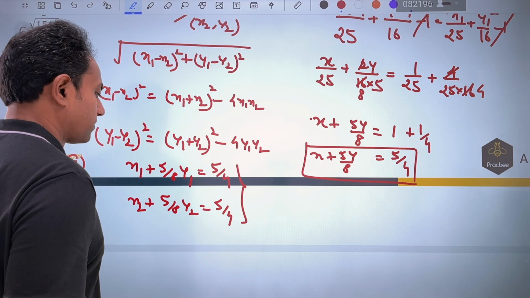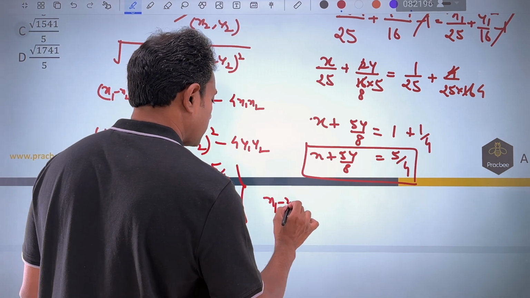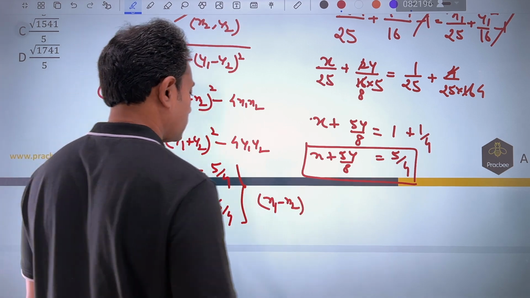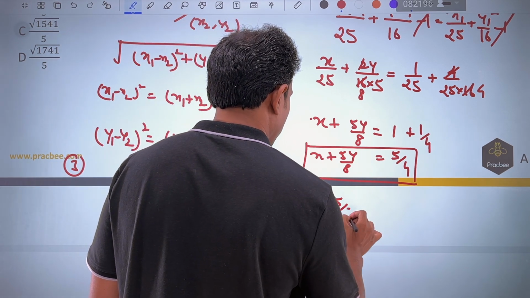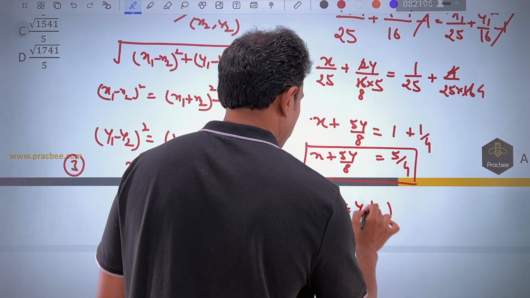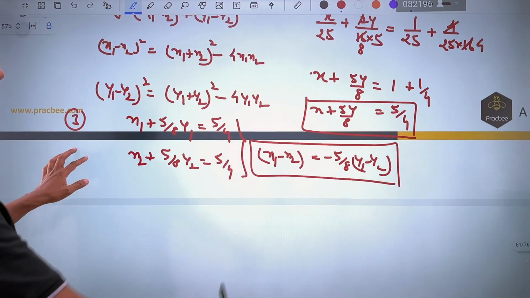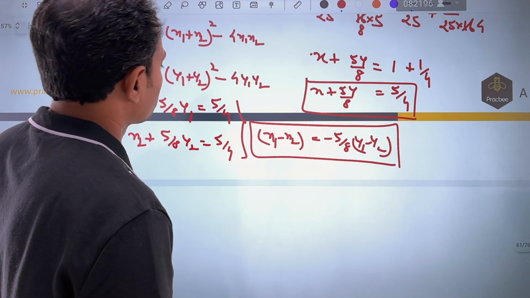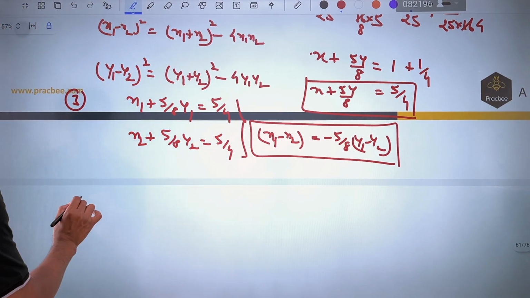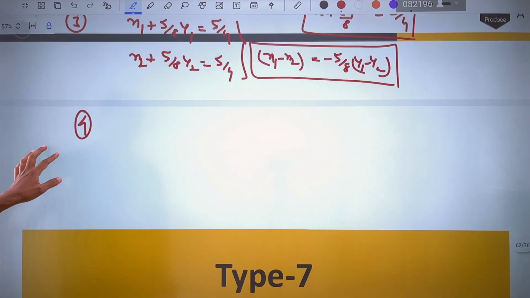If you subtract them, you get a relationship between x1 and x2. So x1 minus x2 is equal to minus 5 by 8 into y1 minus y2. So if you find one, the other can be easily figured out. It is easy to find y1 minus y2, so we will take x from here. In the fourth step, substitute it in the equation of the curve.